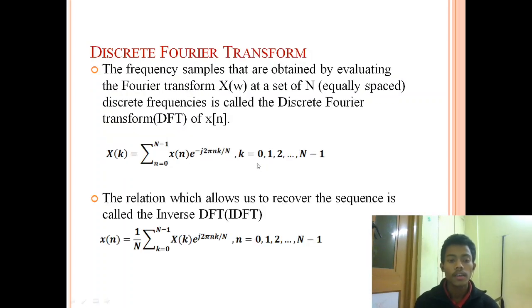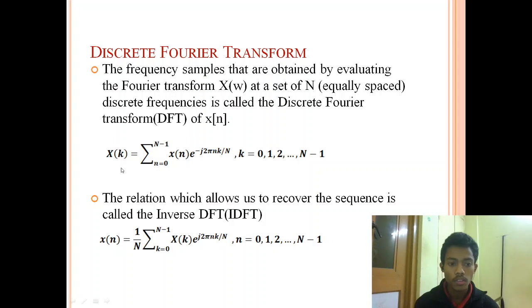So first let us discuss what is the discrete Fourier transform. The frequency samples that are obtained by evaluating the Fourier transform X of omega at a set of N equally spaced discrete frequencies is called the discrete Fourier transform. This is the input, and this is the equation between the input and output.